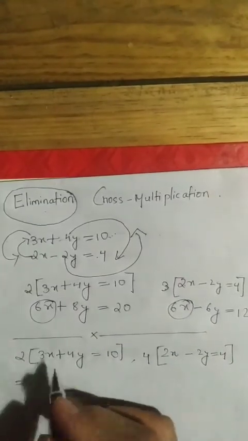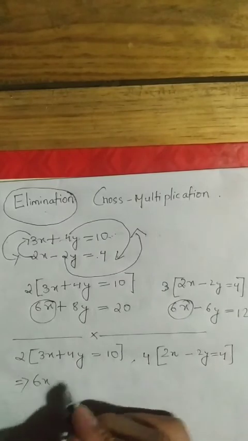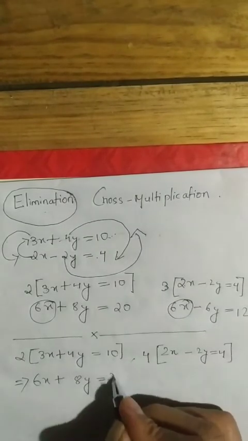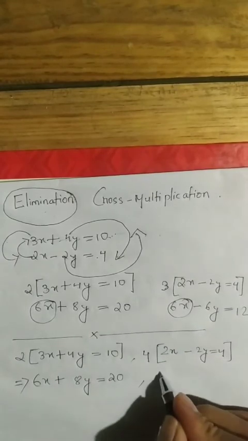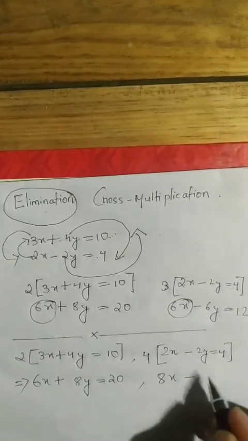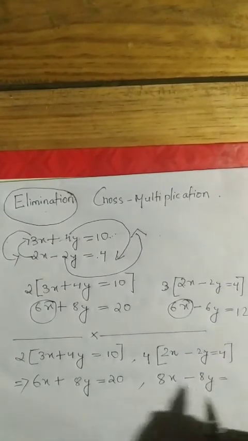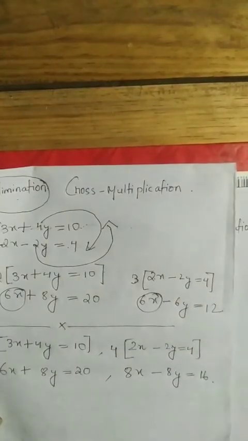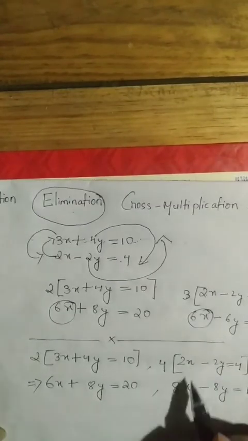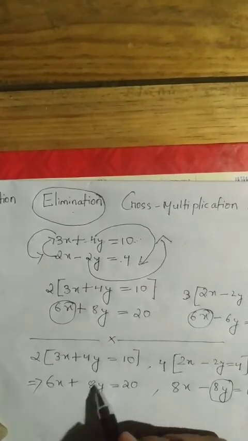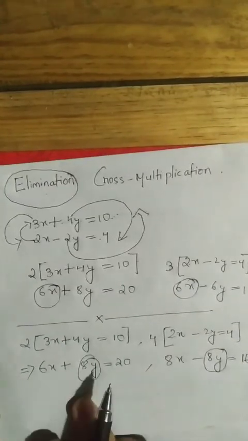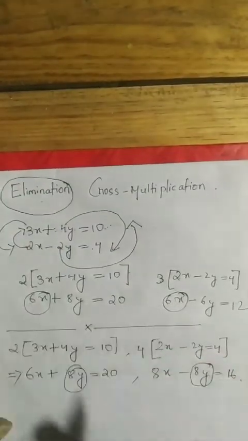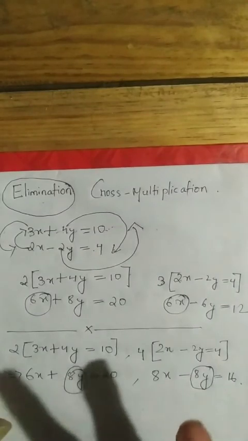So now 2 3 is 6x plus 2 4 is 8y is equal to 2 10 is 20. 4 2 is 8x minus 4 2 is 8y equal to 4 4 is 16. Now see, 8y and 8y, in this case y is same. Either you can make y the same or x the same, choice is yours, but not both, only one.